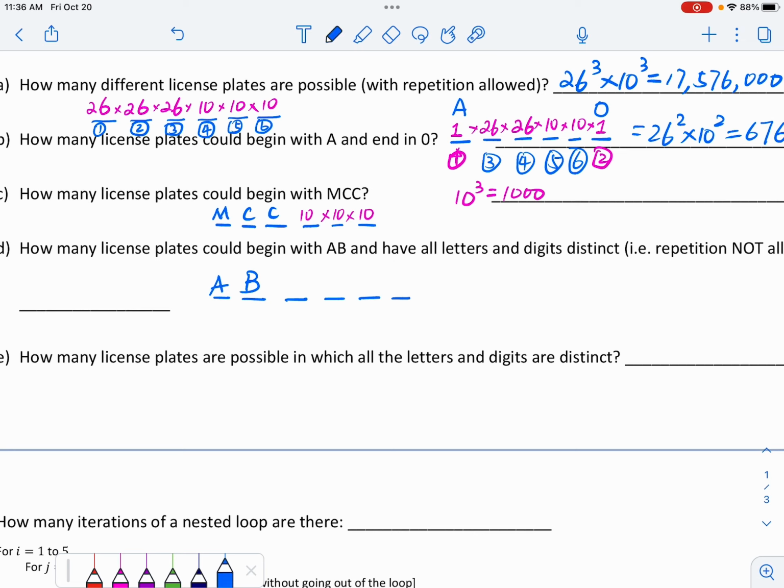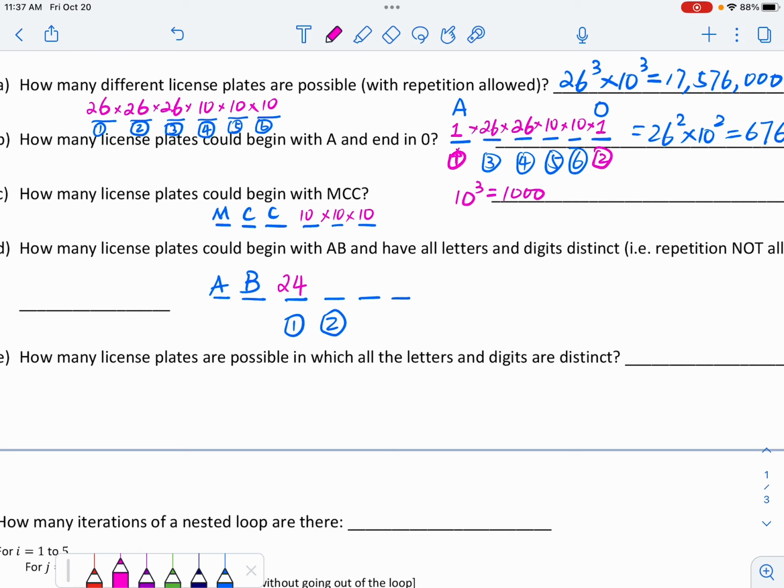So I'm going to say this task can be done with step 1 is to fill in another letter. Because A and B are used, they cannot be used again. So we are left with 24 letters to choose from. And the next step, step 2, we need to fill in a number.